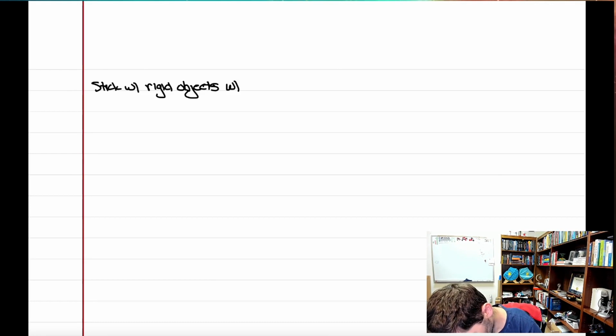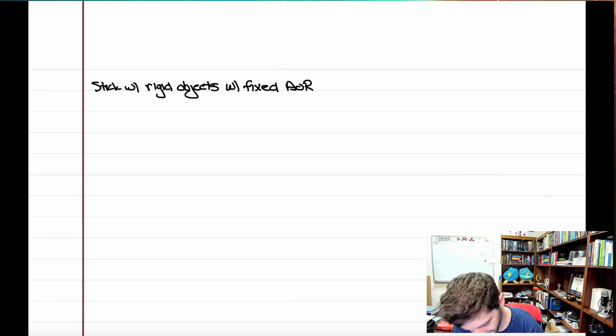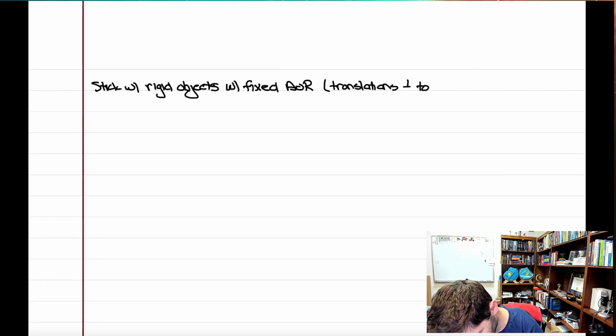We're going to stick with rigid objects with fixed axes of rotation, maybe also allowing translations perpendicular to omega.